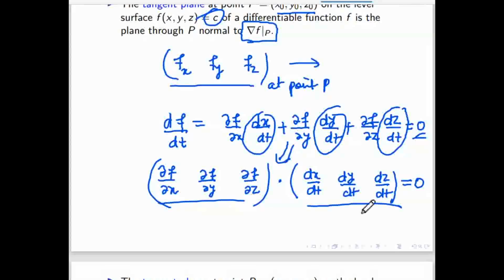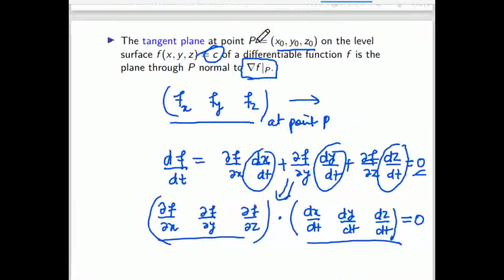So that's why this grad f will represent the normal to this tangent plane. Normal to this surface means if you draw a tangent on that, it will be perpendicular to that tangent. So this grad f at point P will represent the normal to this tangent plane.